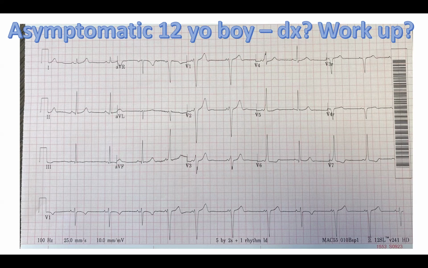Okay. Anything else you'd want to look at on the Zio patch beyond the absence or the presence of SVT? I guess you can see what his baseline heart rate is too, especially if they consider him starting Ritalin.